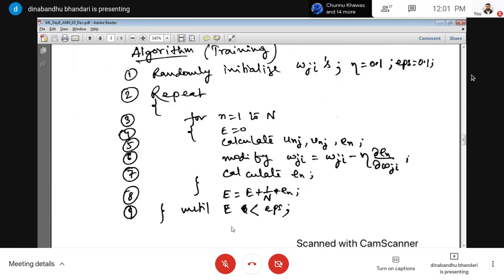VNJs will not be exactly 0 or 1, but values somewhere between 0 and 1.